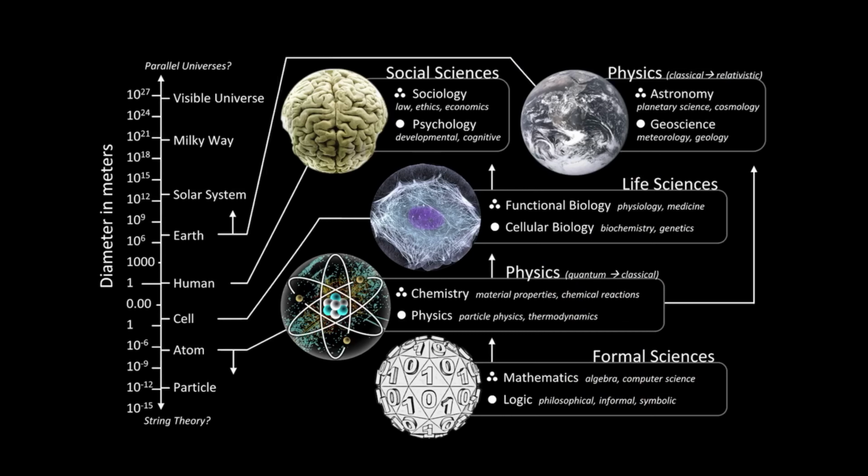The physical sciences and the formal sciences, you can see, are very important, especially at the tiny scale, below the scale of the atom. And also on these larger scales, as we start looking at the solar system and the Milky Way and the entire universe, you have to really root yourself in math, physics, and your understanding of physics.